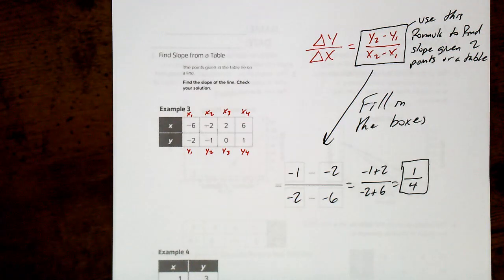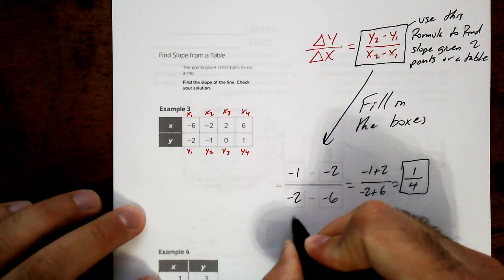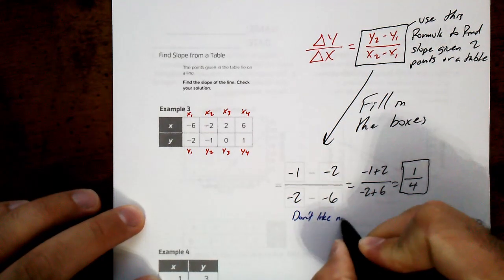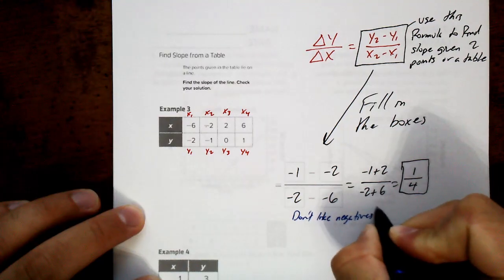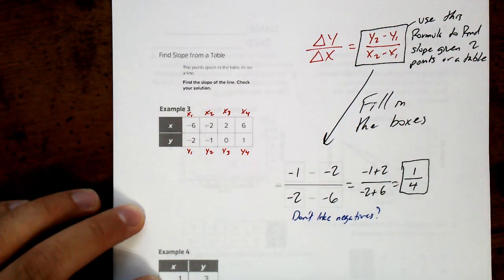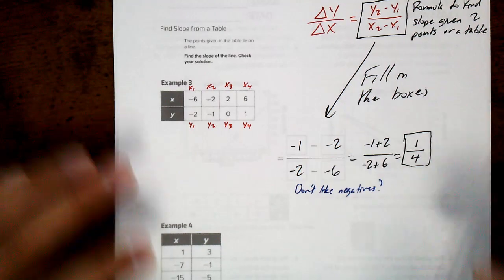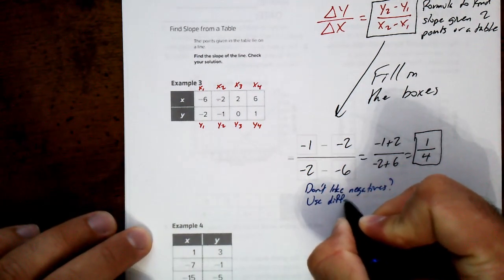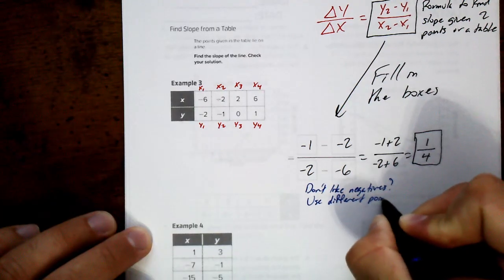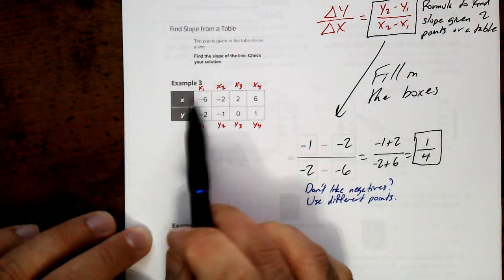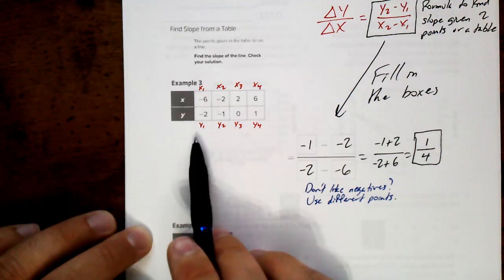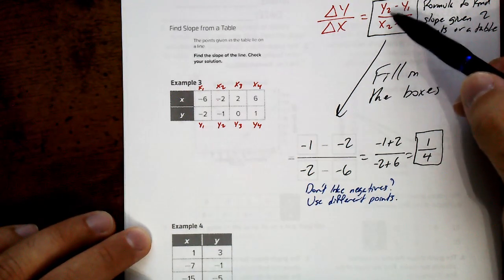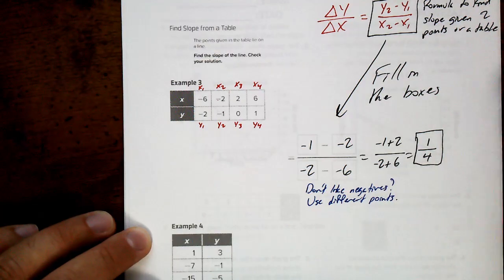Now let's say you don't like using negatives. If you don't like using negatives, just use different points. We may have labeled these x1, x2, x3, x4, y1, y2, y3, y4, but as long as you keep them the same, it doesn't matter.